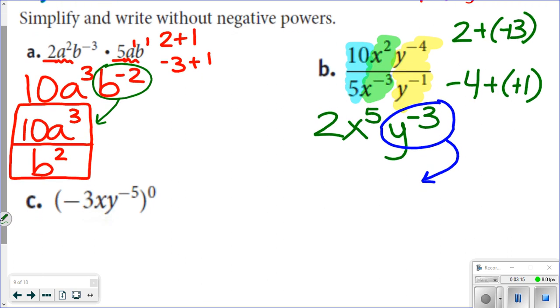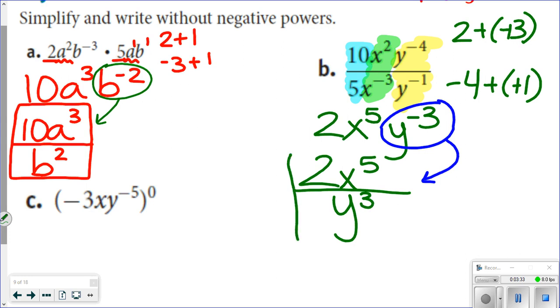So leave the 2 alone because it has a positive 1 exponent. It's happy where it's at. X to the 5th power is also happy. Y needs to move to the basement. And when we move it to the basement or downstairs, it becomes happy or positive. So 2x to the 5th power divided by y cubed would be our final answer here.